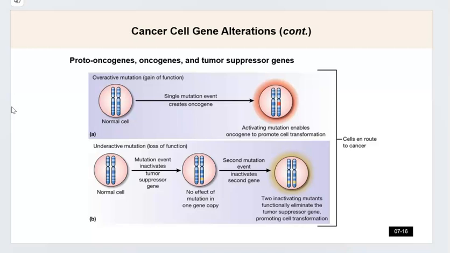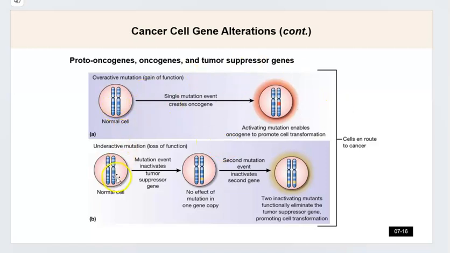So when we have a proto-oncogene that becomes an oncogene, there can be a single mutation event that creates it. So this was normal. Now we've got that red spot here. It's changed. It's abnormal. This is activation of the mutation, and that's enabling the oncogene to promote cell transformation. So this is one way we do it.